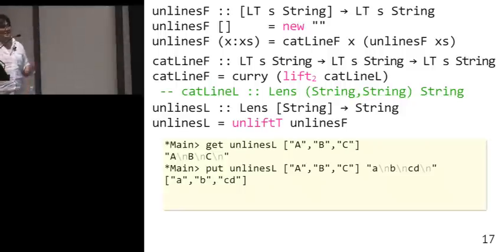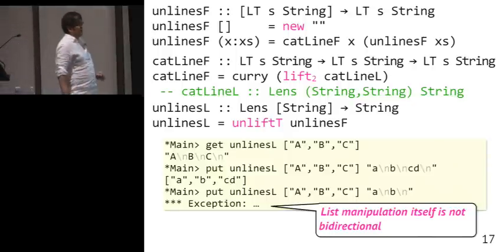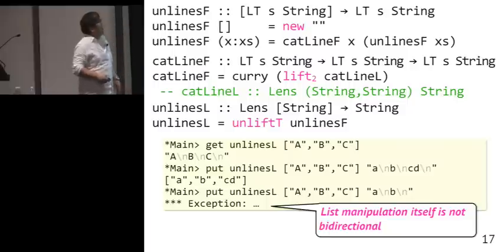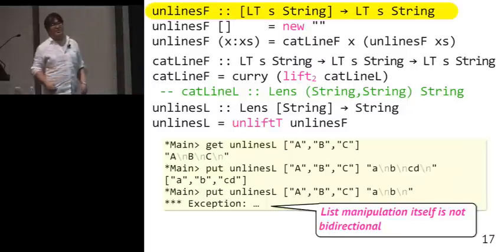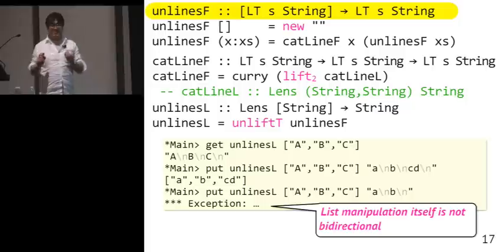However, there is one thing to explain. There is a limitation of our framework. We cannot change the number of new lines in the view. To reflect such an update, we have to change the length of the source list. However, look at this type. Unlines F is a function from a list of LT types to an LT type.